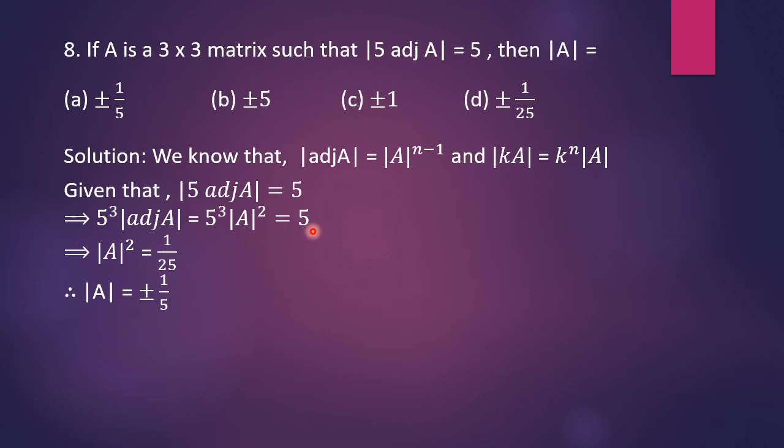This is given. So determinant of A square is equal to 1 divided by 5 square. 1 by 5 square is nothing but 1 divided by 25. Therefore determinant of A is equal to plus or minus 1 divided by 5 here. That is the option A.